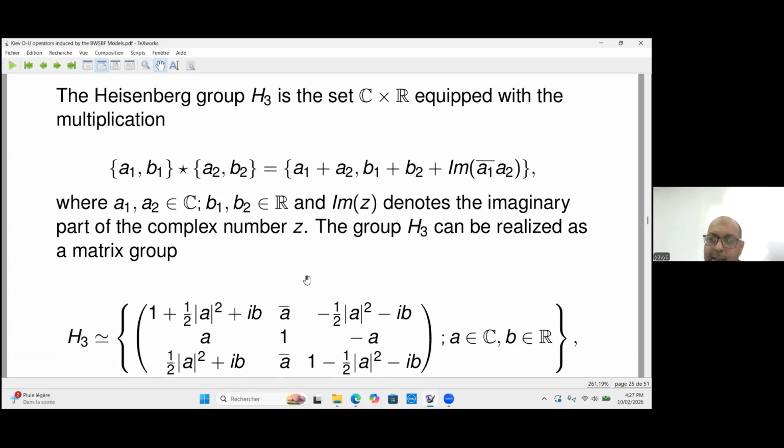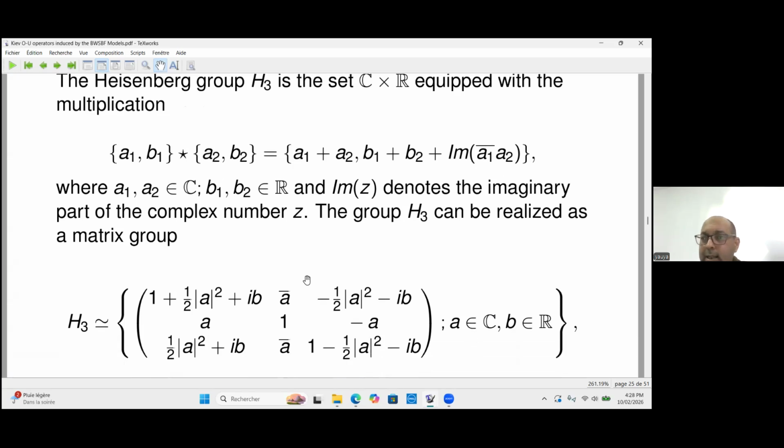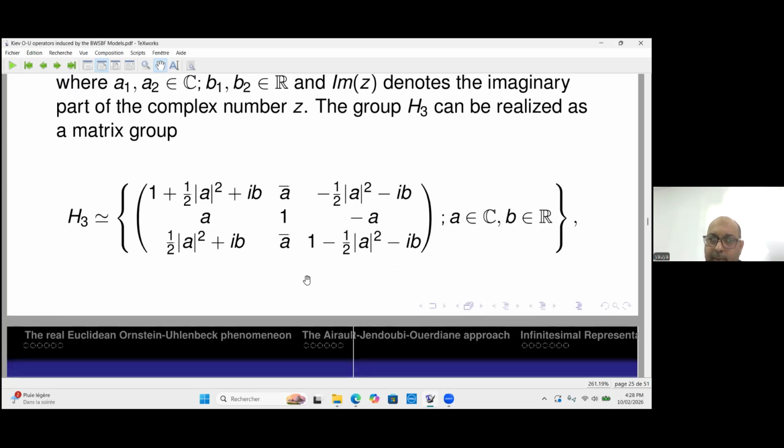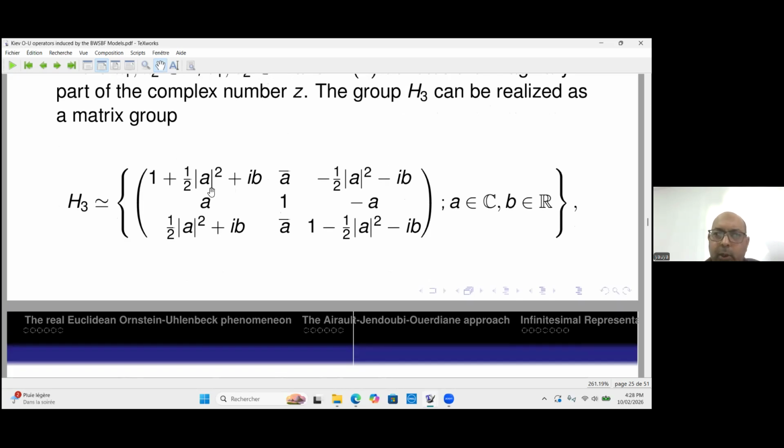And we express this group by taking the group realization. It can be written in this form. So here the model of a + ib is a subgroup of 3 times 3 invertible matrices.